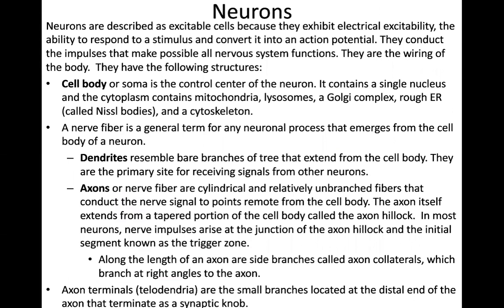Neurons are described as excitable cells because they exhibit electrical excitability. A very important property that we've actually discussed just a little bit already, all the way back to just two days ago when we were talking about resting membrane potential, how cells, which neurons are cells, have that negative 60 millivolt at rest.